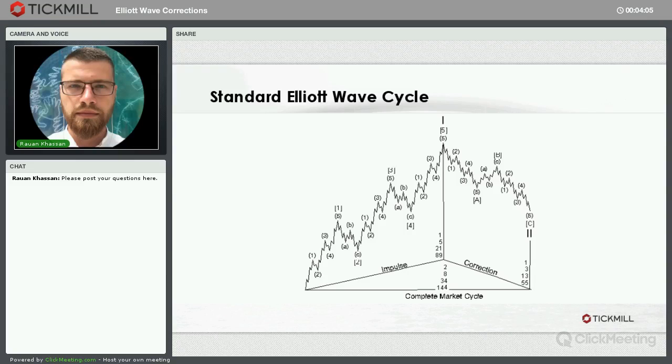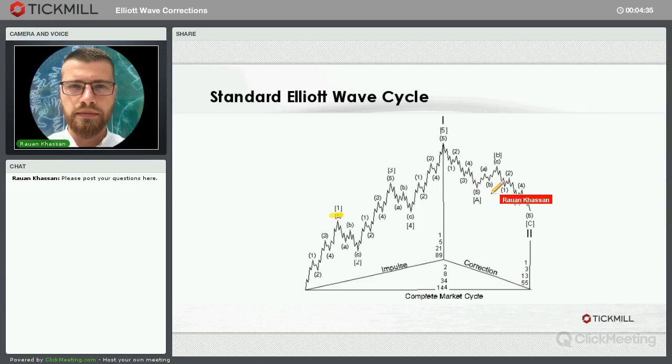In general, the complete cycle can be divided into two pieces of impulse and correction moves. And as you can see, each wave can be divided into pieces. In the case of impulse waves, it has an inner structure of an impulse itself.